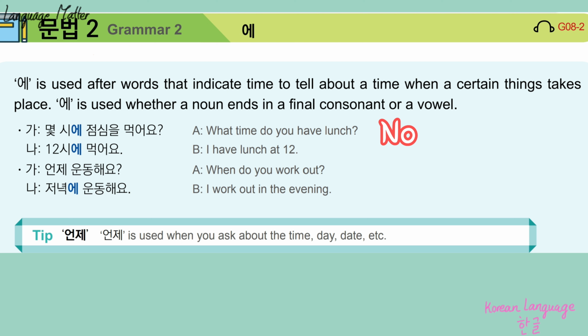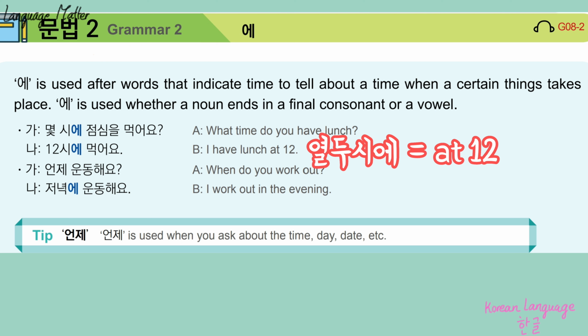No, it just says what time. But what comes first before time, right? And in Korean, the order is switched. So time, 시, comes first and 에 comes next. 시에, 몇 시에. And look at the answer. At 12. How do we say at 12 in Korean? 12시에. Good. You got it.